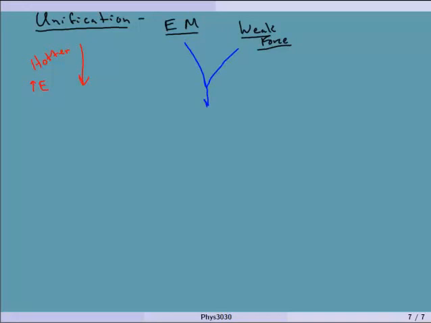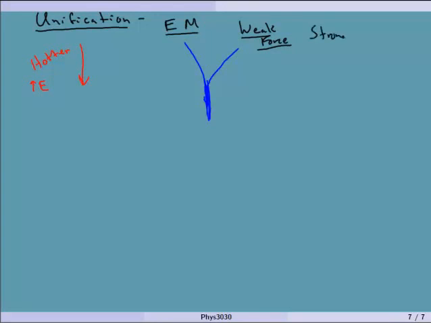So as I go hotter and hotter, they look like the same force. The idea is that we should go backwards, and as they cool, they separate out. They look like two different forces. But as I go further back in time, they look like the same force.